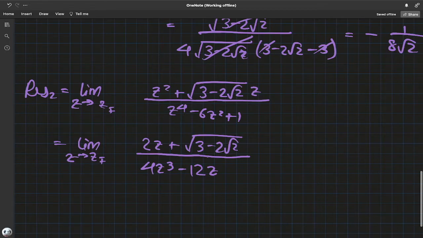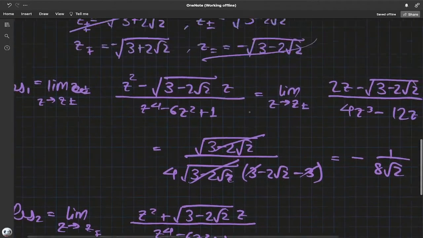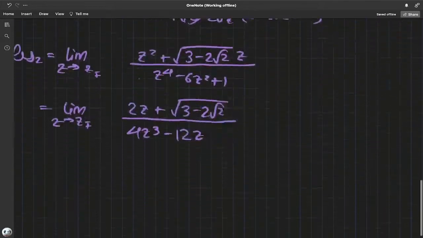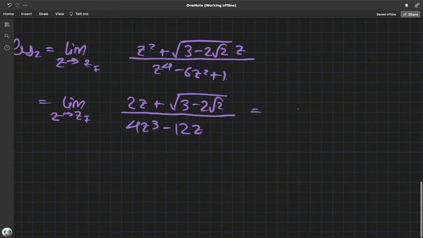So we have 2 times negative of something, because z minus plus is like negative, plus that thing, we just get a negative 1 of that, divided by, again, like take 4z out common and then take the limit.